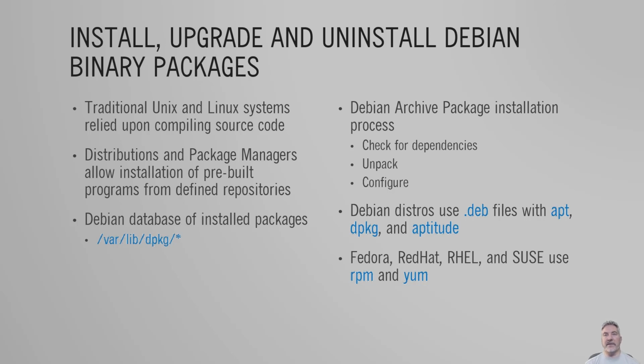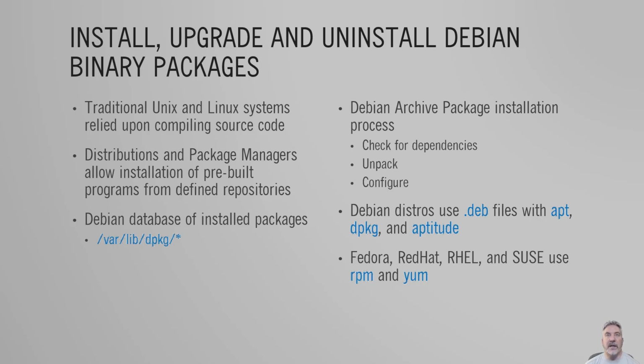We can see that Debian distros use .deb files, or .deb packages if you're using the dpkg commands. And for Fedora, Red Hat Enterprise Linux and SUSE, we use RPM and Yum. So we'll cover those separately in a different section.